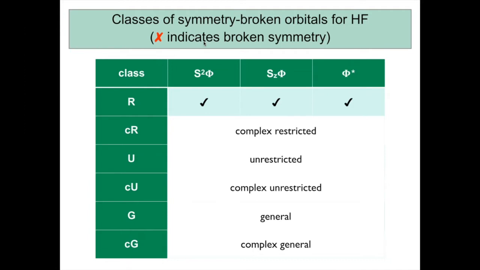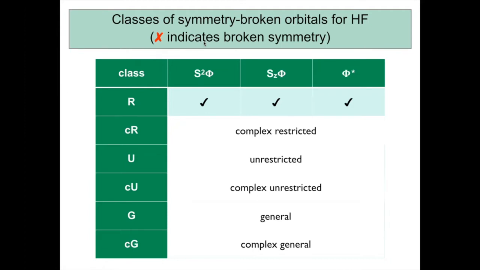And this is a good determinant in a way, because each of these symmetries are symmetries that the real wave function has. And so if we do a simplified wave function like one determinant, well, it's nice to have those symmetries too. But sometimes the energy can be lowered by breaking those symmetries.